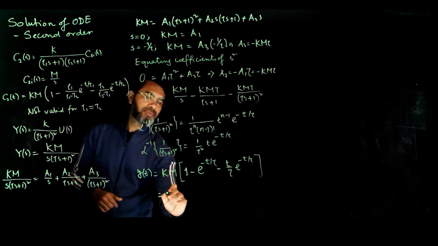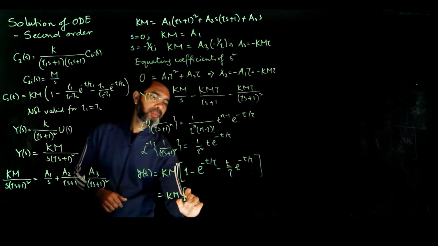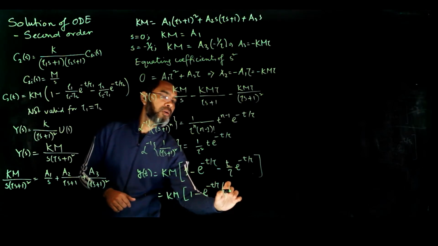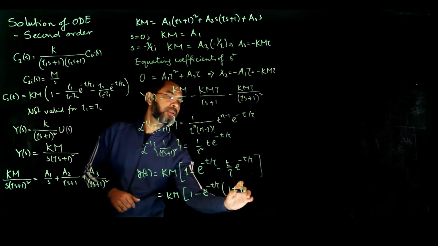So you can simplify it further as km times (1 minus e to the negative t over tau times (1 plus t over tau)).